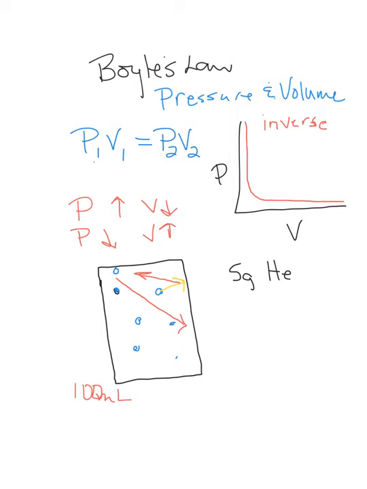Let's say I took this same amount and I put it in a 50 milliliter container. Okay, so my volume has now decreased. This is my V1, and here's my V2.